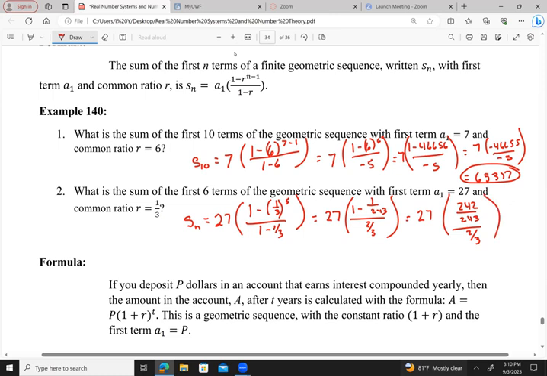So if I take 243 and divide it by 3, that is 81. So if I multiply this fraction by 81 over 81, I end up with 27 times 242 over 243, over 162 over 243.